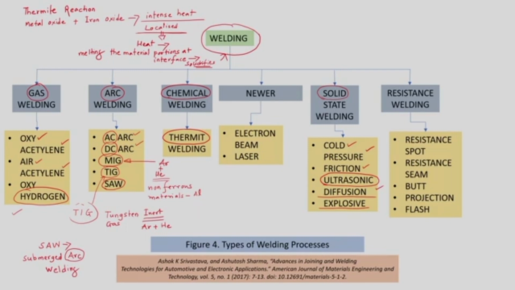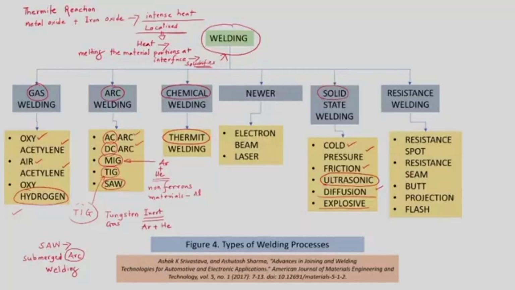When we use the electrical resistance of the parts to generate the heat energy for joining the parts together, that is called resistance welding. The resistance welding can be of spot type or seam type, or we can have a butt type of resistance welding, or we can even have projection welding as well. The details about all these processes are not in the scope of this lecture.